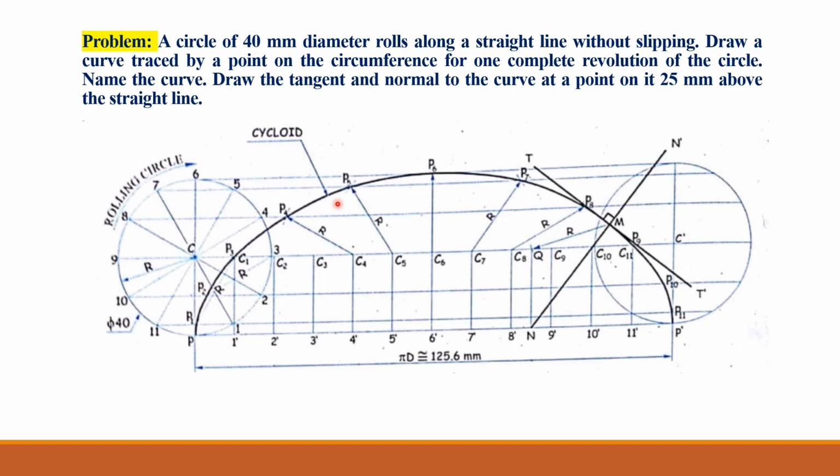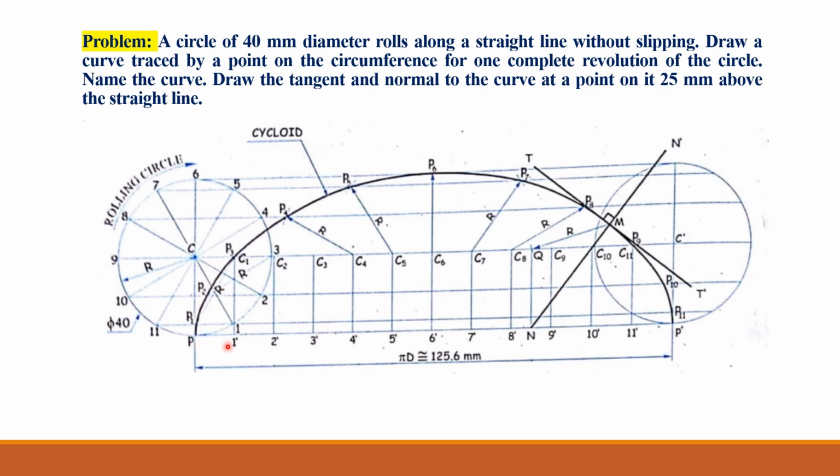Now it is asked in the question that we have to draw the tangent and normal to the curve at 25 millimeter above this horizontal line. So you can take the vertical distance from point P dash on this vertical line or from point P on this vertical line.